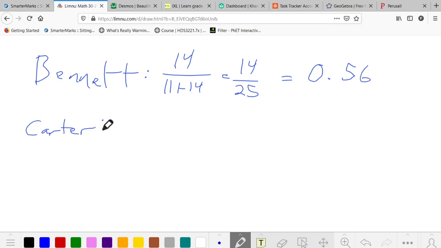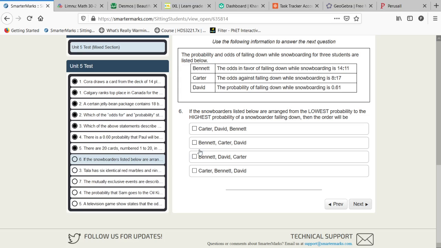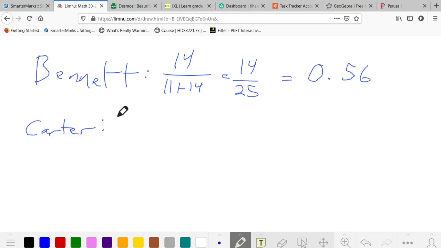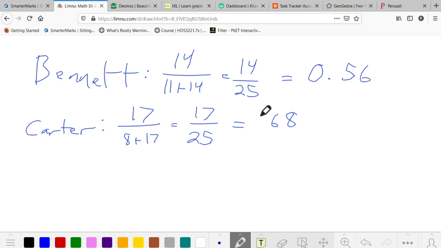And I believe the name of the next person was Carter. The odds against falling down while snowboarding is 8 to 17. So if that's odds against, the odds in favor are the reverse, 17 to 8. So it's 17 over 8 plus 17, which is 17 out of 25, or 17 times 4 gives us 0.68.